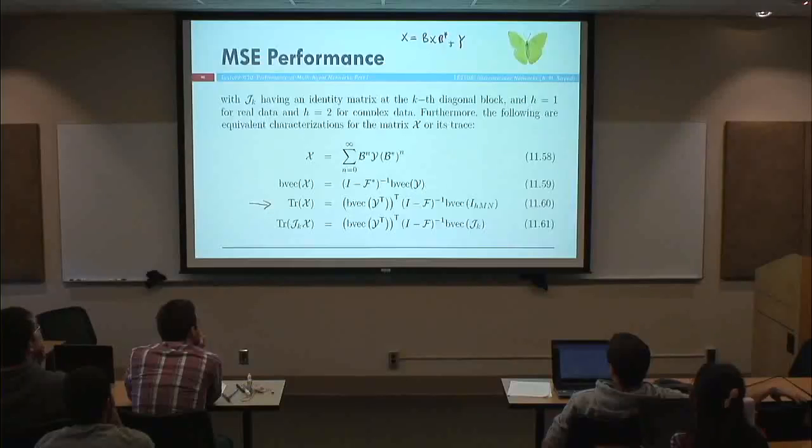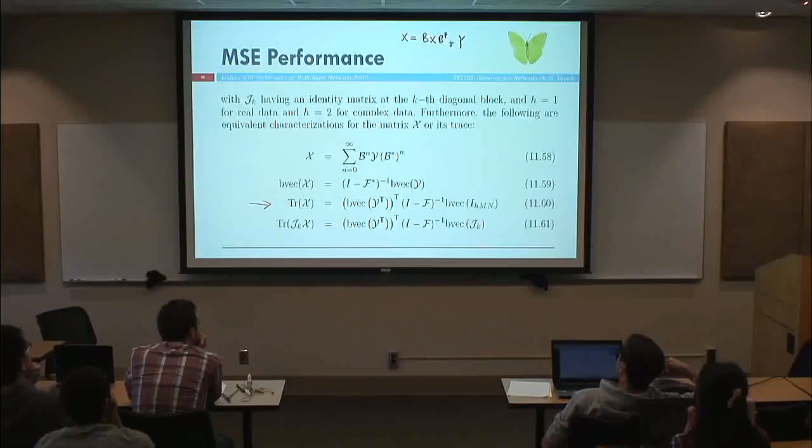Let's write it like that: X equals B X B star plus Y. Replace this X here by B X B star plus Y. What will you get? B squared X B star squared plus B Y B star plus Y.